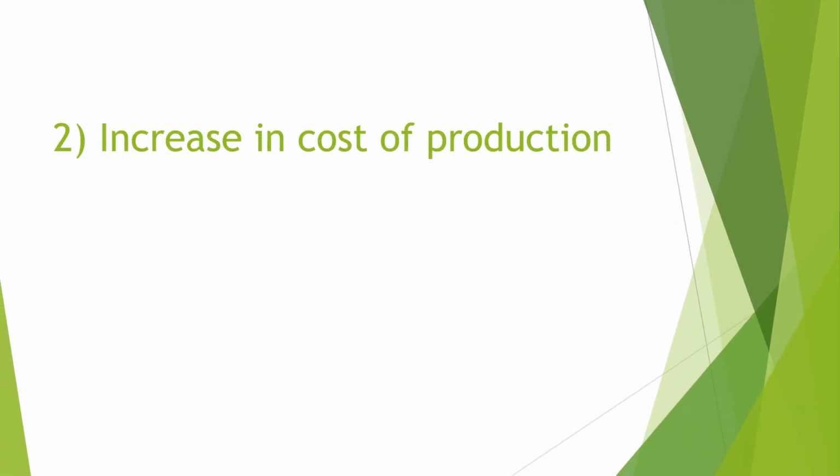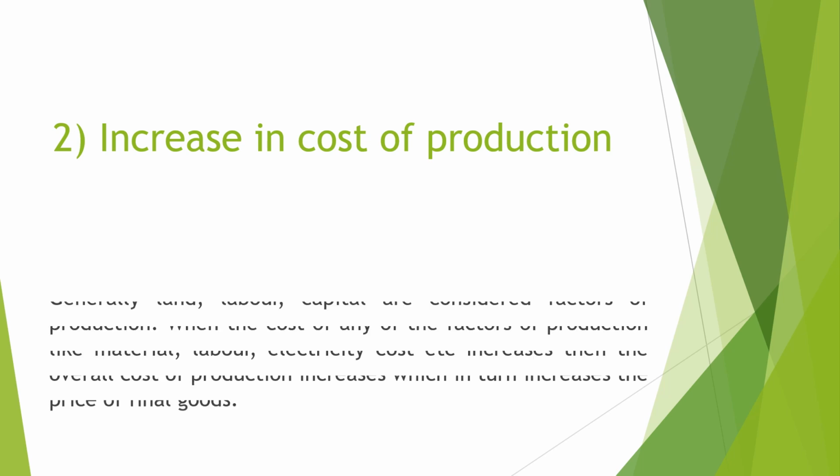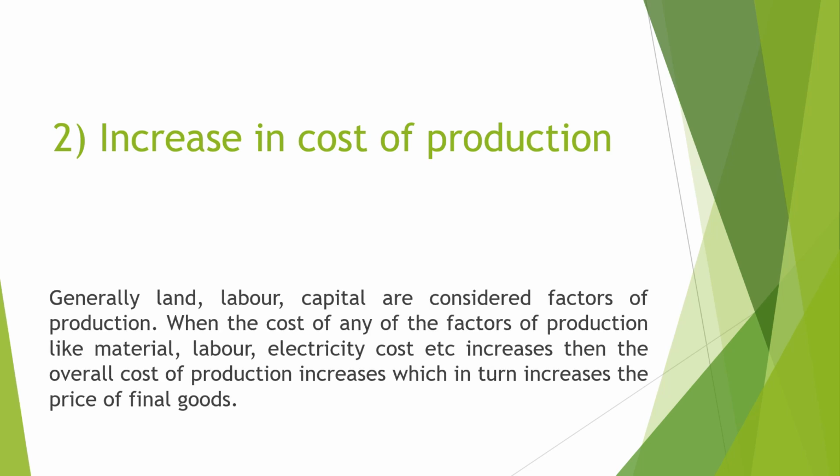Next, the increase in the cost of production. As you must be knowing, land, labor, capital, etc. are the factors of production. What happens is that due to one reason or another, the prices of these factors of production increase. For example, the trade union may increase the price of labor, or the government may support the minimum wage system and increase the minimum wage for laborers. Because of that, the labor cost may increase.